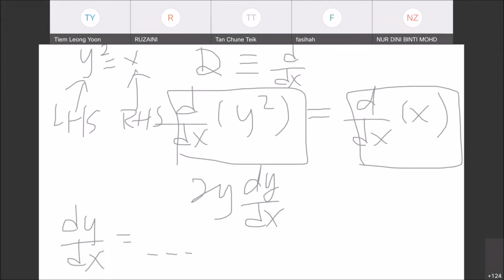When I write this down, I do not show you the detail, but for those who are familiar with the chain rule, you immediately know that it is a straightforward result from its application. The right hand side is the derivative of a function which is just x. So d dx of x is just equal to 1. Then you just rearrange it, and you have dy dx equals 1 over 2y.